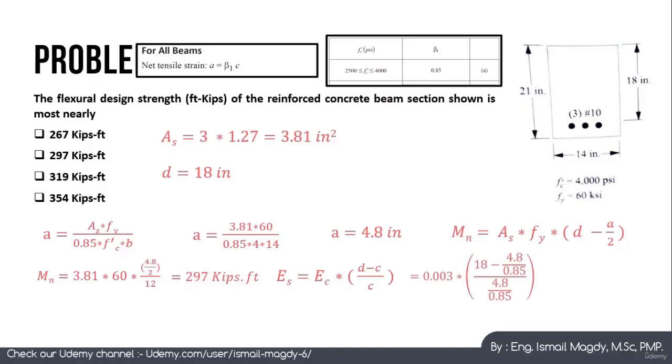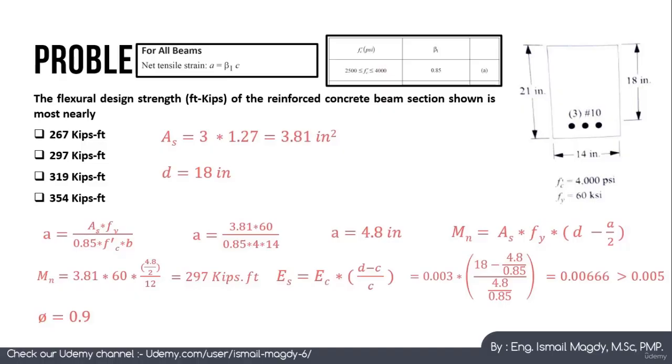Based on that, we can see that epsilon s equals 0.003 multiplied by 18 minus 4.8 over 0.85, all over 4.8 over 0.85, which equals 0.00666, and this is more than 0.005. So based on this, we will use phi equals 0.9, because this is a tension-controlled section.